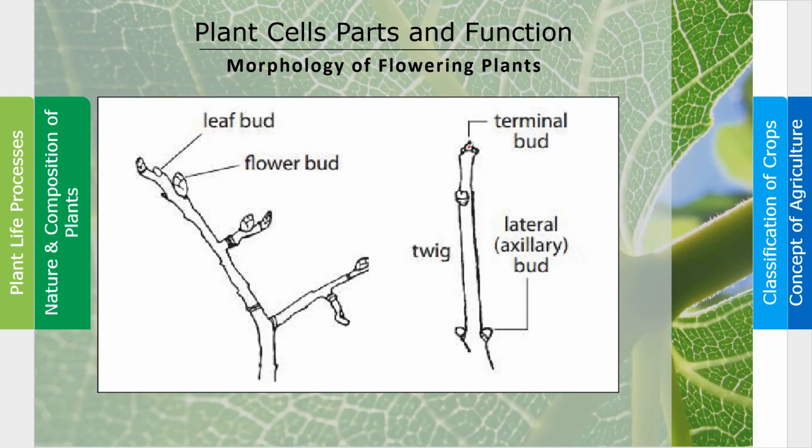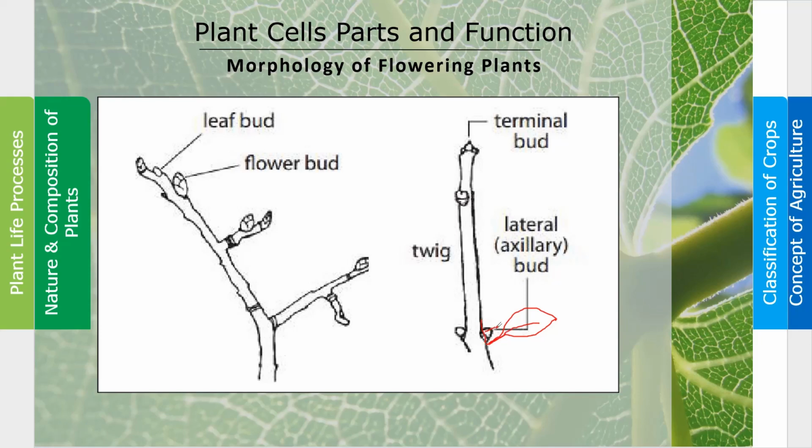And then lateral buds are actually further classified into 3 different types. We have axillary buds, the subaxillary buds, and then extra axillary buds. So, ano ba yung tatlong yun? So, axillary bud, for example, ito yung dahon ng plant. So, the axillary bud is found between the leaf and the stem.